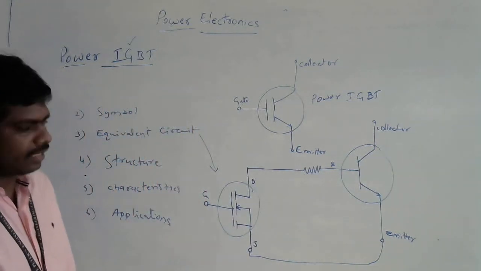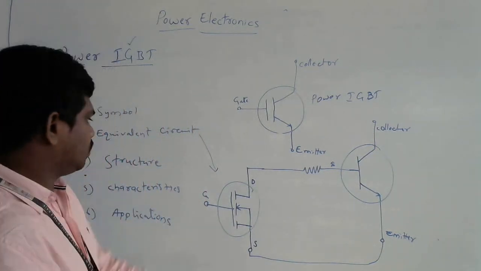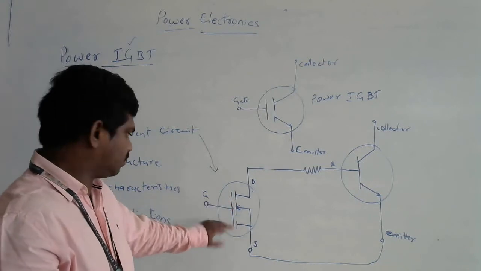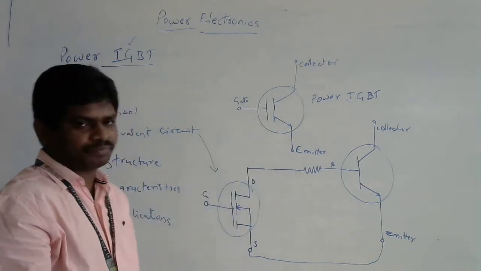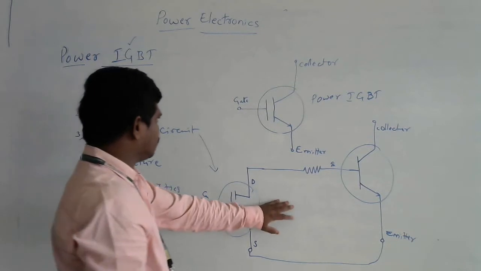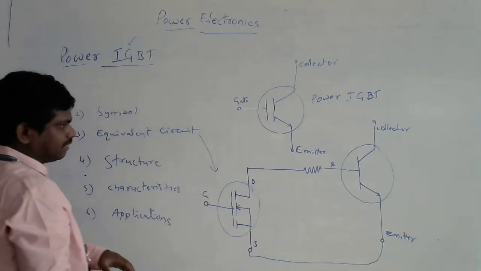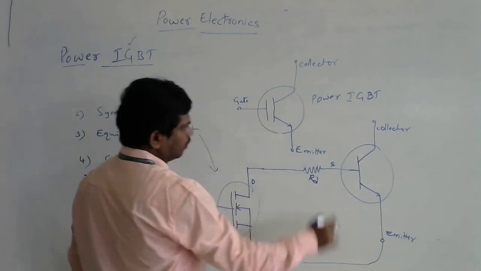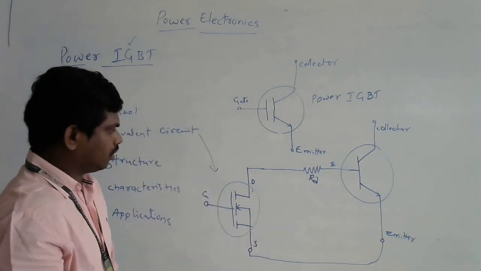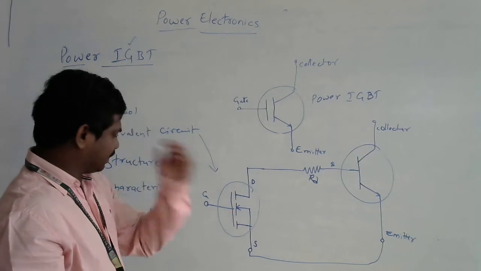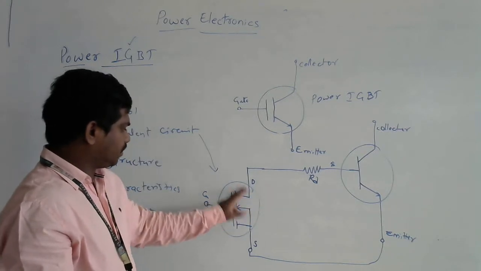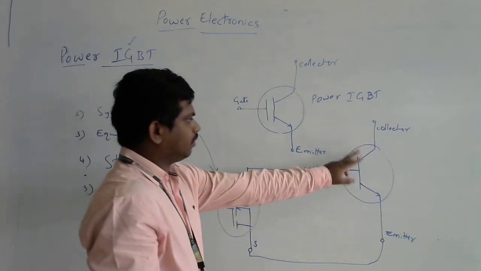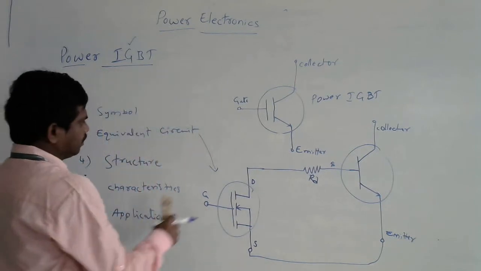The power IGBT is formed with the help of two different devices: one is a MOSFET, the other is a BJT. This is the equivalent circuit of power IGBT. This is the protecting resistance called drain resistance, connected between the drain of the MOSFET and the base of the BJT. Next, we will see the structure.